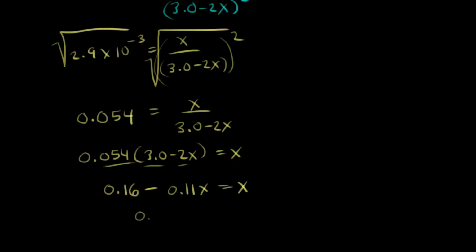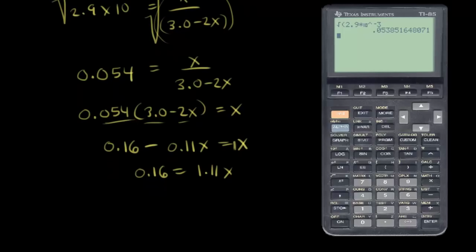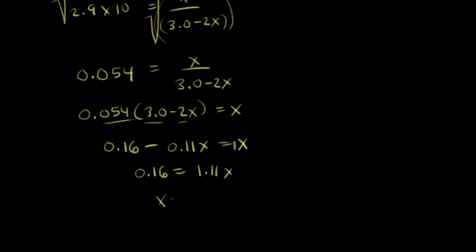We put both x's on one side: 1x plus 0.11x is 1.11x. Now we need to solve for x. We divide 0.16 by 1.11, and that is equal to 0.14. So x is equal to 0.14, which is only approximate because of all the rounding that we've done.